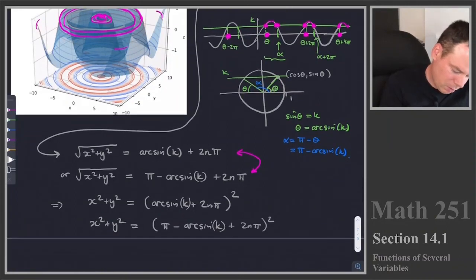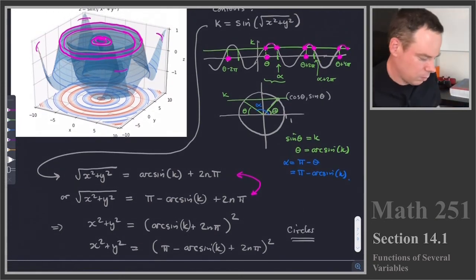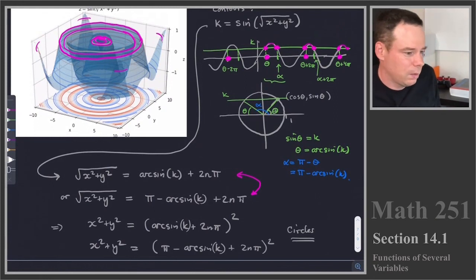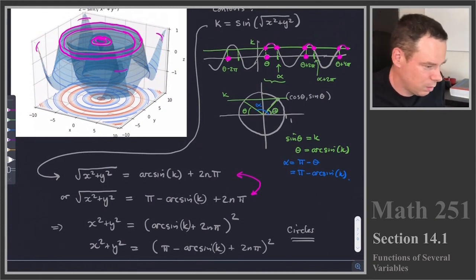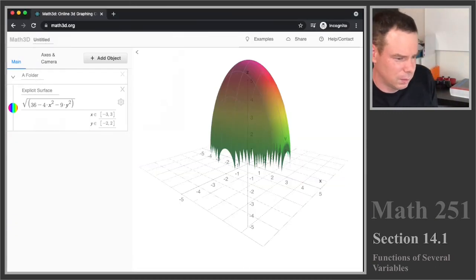And so there are these circles that are our level curves. All right, we can go ahead and sketch this. Might as well just do that since we do have this open. So we'll go for an explicit surface.